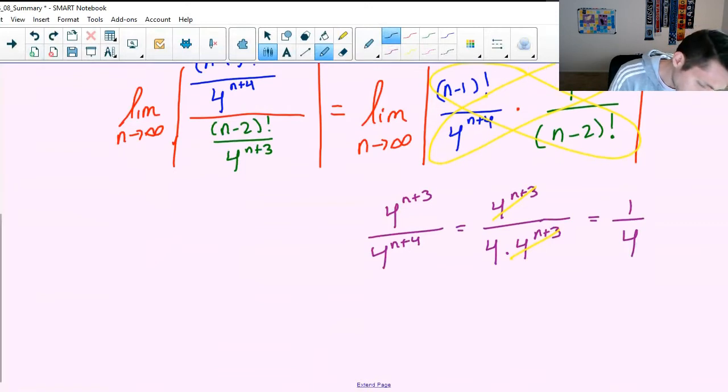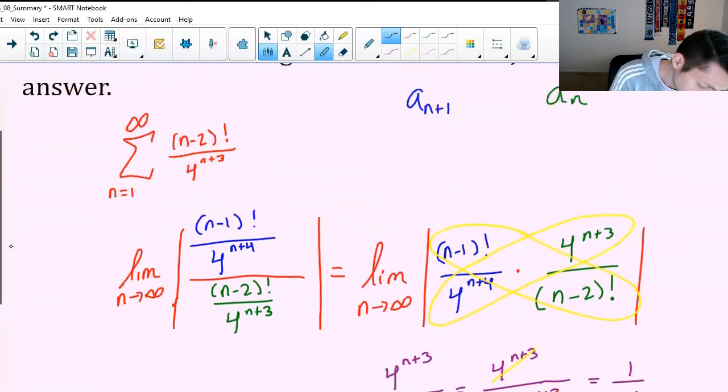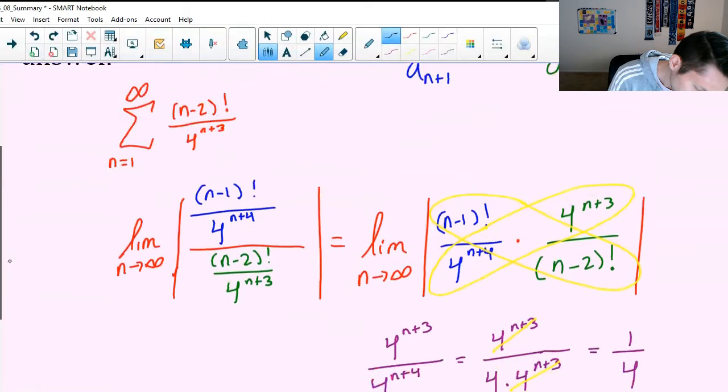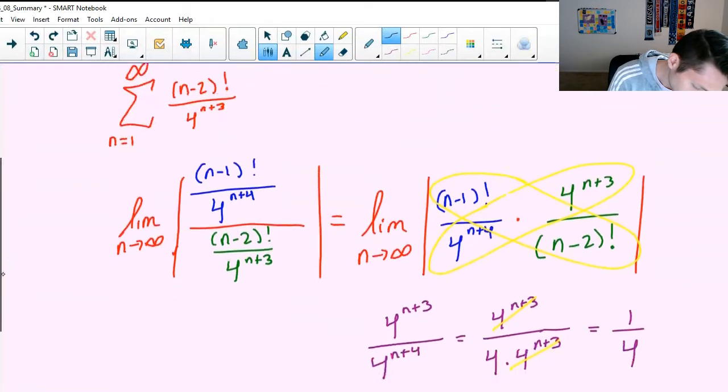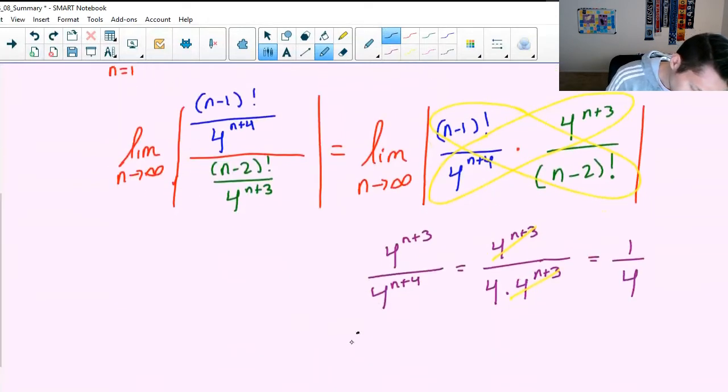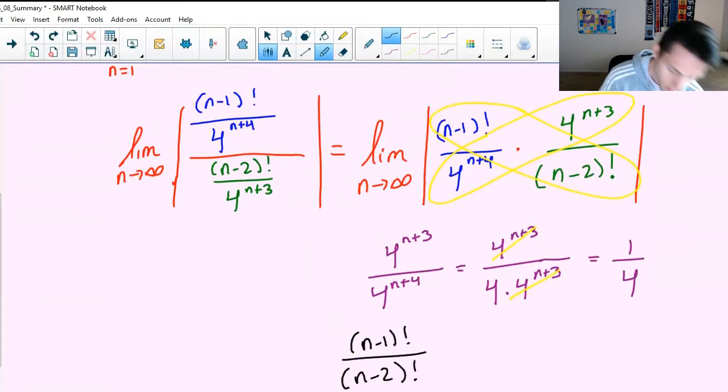Okay, so what do I have? So n minus 1 factorial over n minus 2 factorial. Okay, so actually, n minus 1 factorial is the same thing as n minus 1 times n minus 2 factorial.